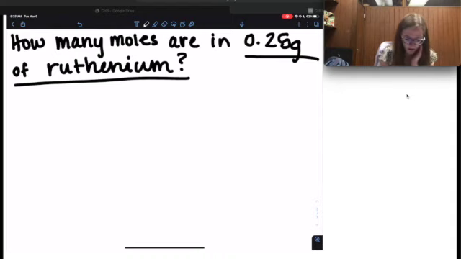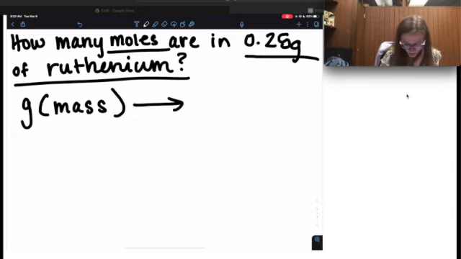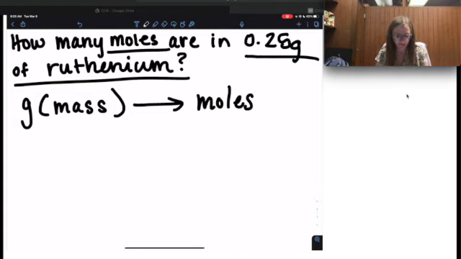So I have 0.25 grams of ruthenium, and I'm looking to move to moles. So I'm trying to go from grams, which is mass, to moles. So I need a relationship between mass and moles. Well, if I'm thinking about grams and moles as a relationship, that's going to be the value that you can get from the periodic table.